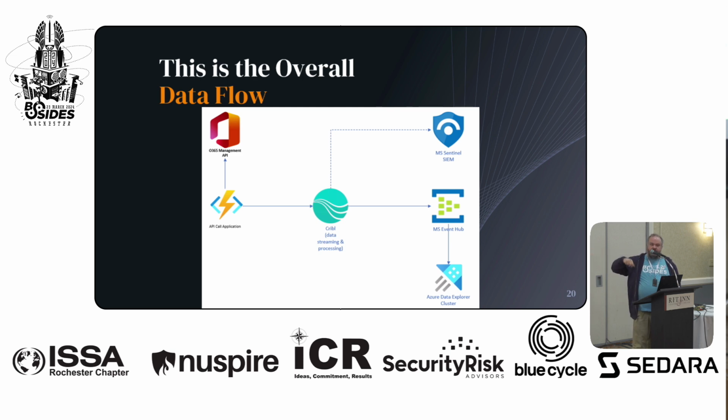Cribl is going to filter the data, process it, get it into the right format, and send it off to an Azure Event Hub, which is on the right in the middle there. And that just serves as a sort of hub. It's just a location within Azure to collect those events. And then it forwards them to an ADX cluster, which is Azure's data lake solution.